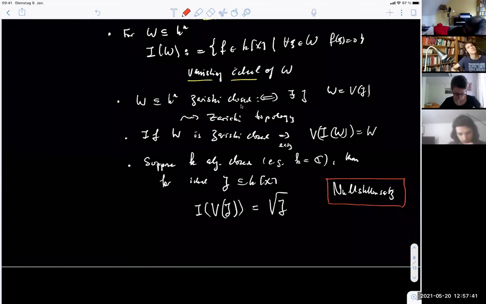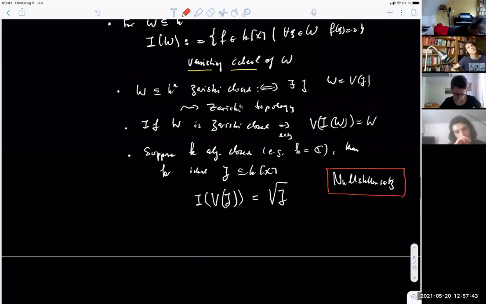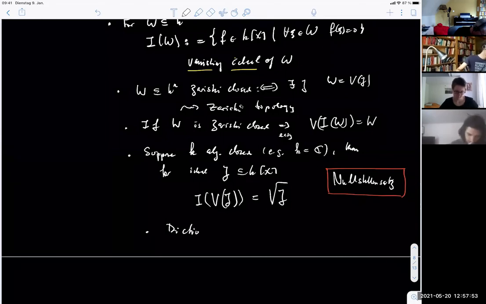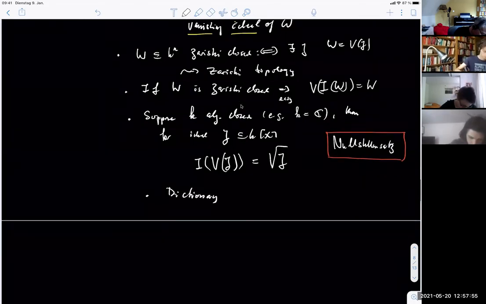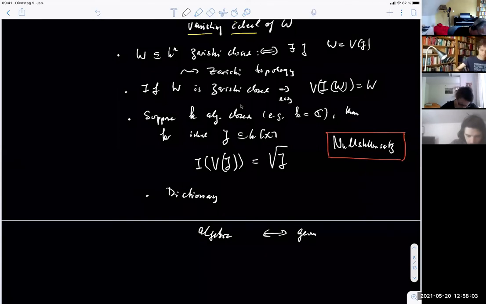The point is here, and I think Marco has talked about it, there is this dictionary between algebra on the one hand and geometry on the other hand. You can go back and forth between radical ideals in the polynomial ring k[x1, ..., xn] and Zariski closed subsets of k to the n.